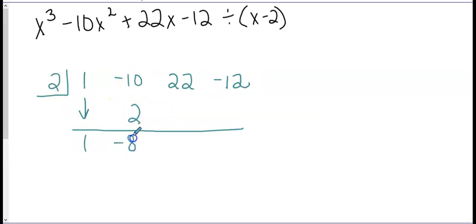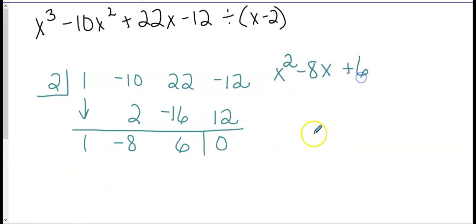Combine those, you get negative 8. 2 times negative 8. Combine those, and you get positive 6. 2 times 6. Here's one where we have a 0 remainder. So our answer is going to be x squared minus 8x plus 6.